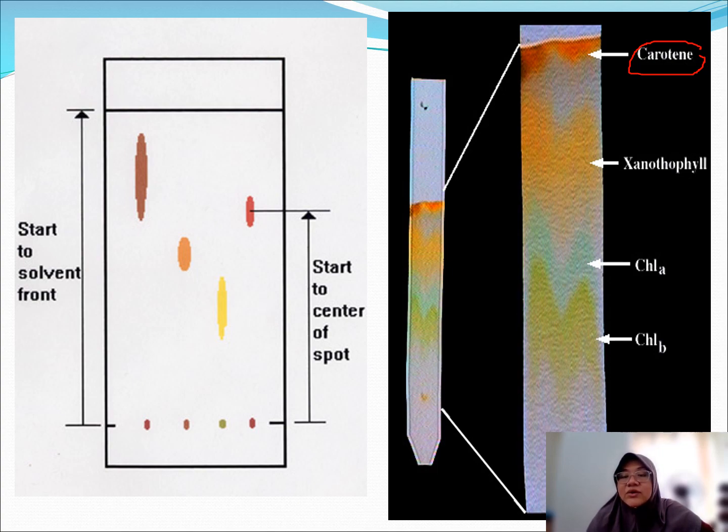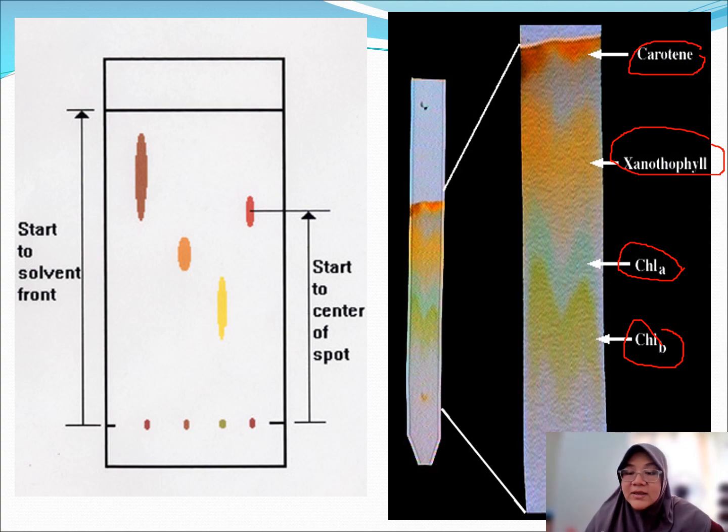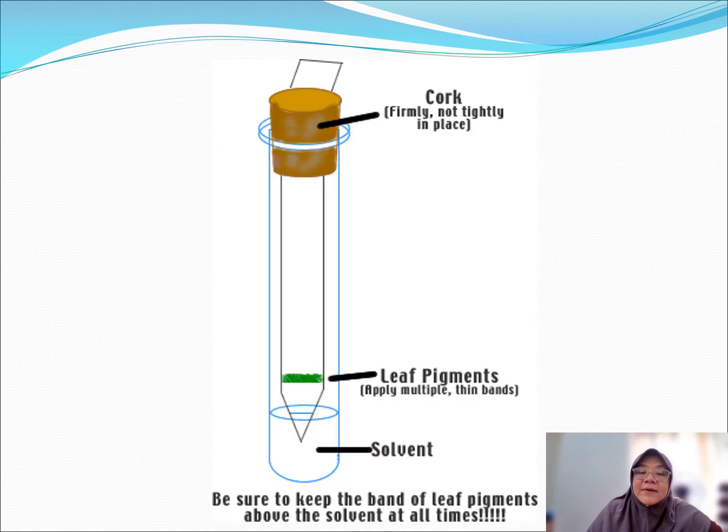Top is carotene, okay, xanthophyll, okay, chlorophyll A and chlorophyll B. So chlorophyll B ni dia punya pigments is lebih cepat berbanding dengan carotene, and this is all regarding to their charges, okay, of the compounds. And here is the picture.